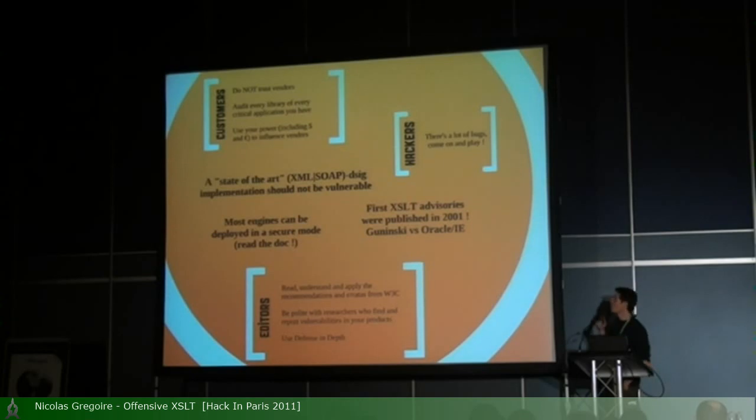And just for the record, the first advisories about XSLT were published in 2001, and it was Glinski versus Oracle and EA. So we are 10 years later, and a lot of applications are still vulnerable. So it could be a good idea to work on this subject.